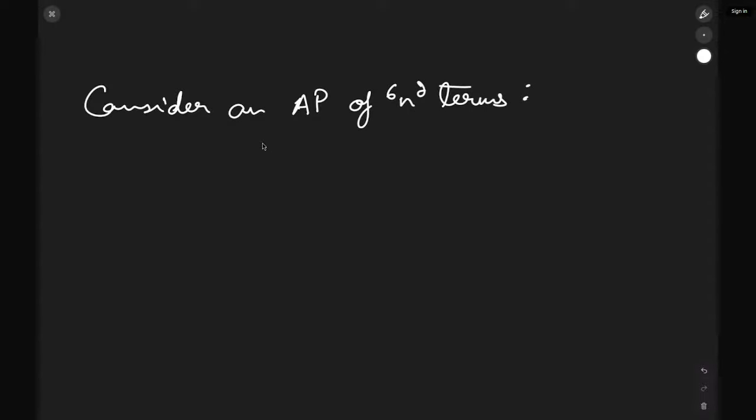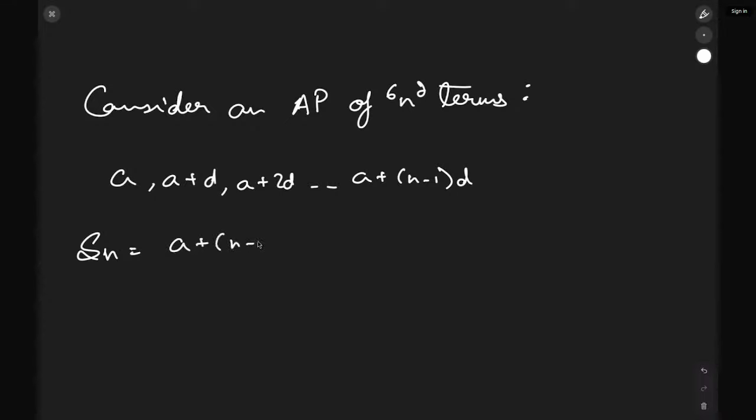So the AP can be written as A, A plus D, A plus 2D, till A plus (n minus 1) times D. Now, in order to find the sum, if we write these terms in the reverse order: A plus (n minus 1)D, plus A plus (n minus 2)D, plus A plus (n minus 3)D, and so on.